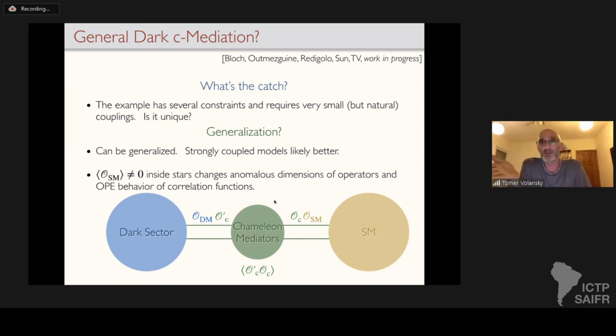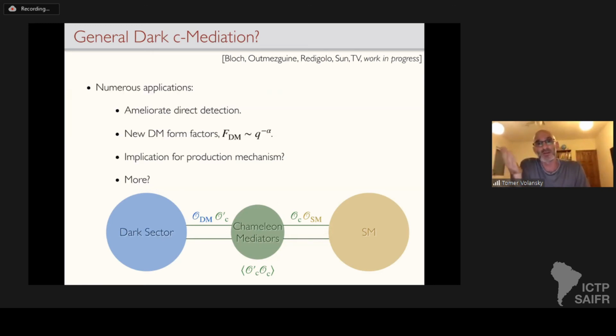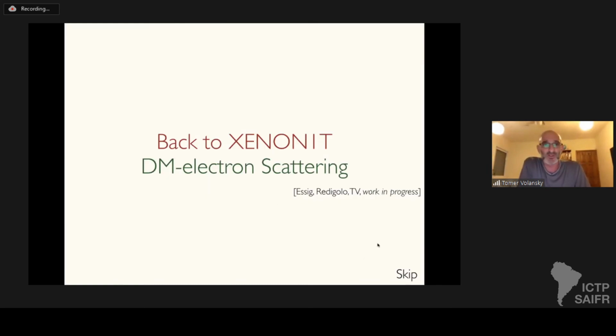So there's a whole new language to discuss here through chameleon mediators. And there's a lot to discuss. You get very different dark matter form factors. You could have different production mechanisms. So there's a whole family of models to discuss, which go way beyond just the hidden photons that we've been doing, or point-like interactions.